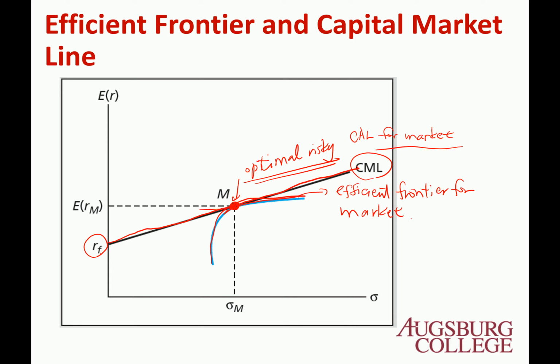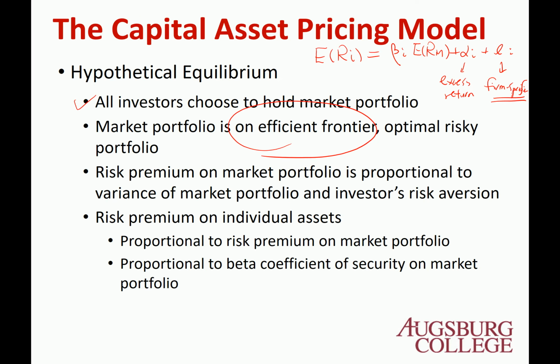Now, because we have this CML, we can move up and down based on risk aversion. If you're more risk averse, then you increase the risk-free asset and go down. If you're less risk averse, so you are a risk taker, then you go up, adding more of the risky portfolio and reducing the riskless asset, right?